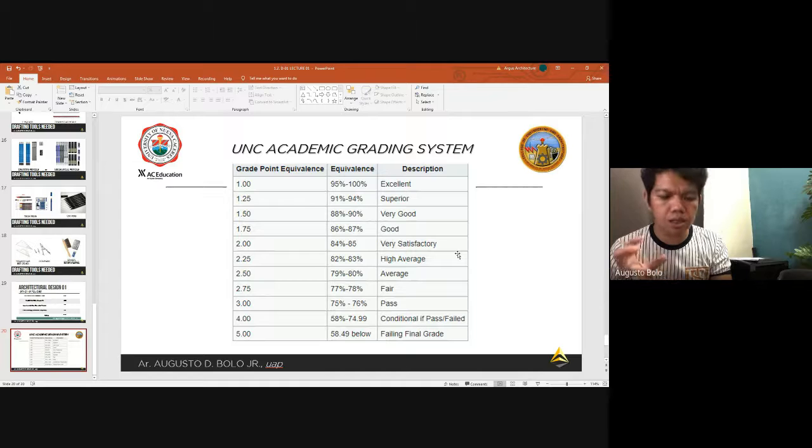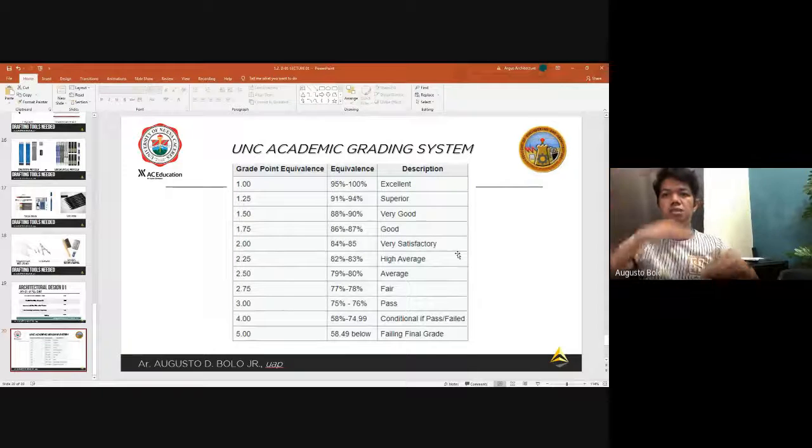Format will be file folder should be surname, your name, middle initial, and then slash learning activity number 2. No, 300 words for the entire learning activity number 2. 300 words para sa isang buong activity.